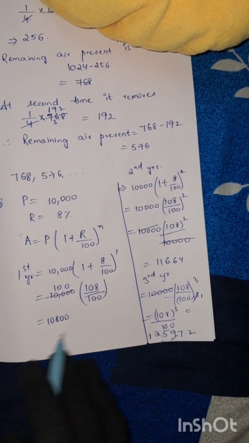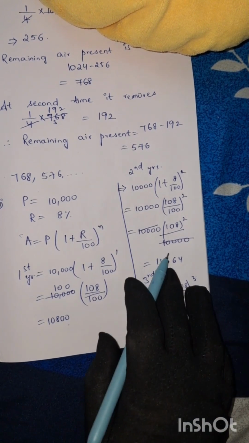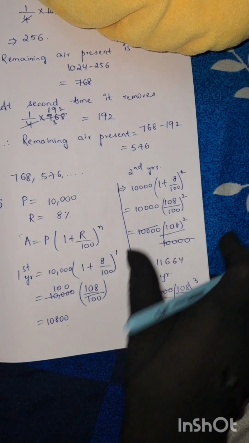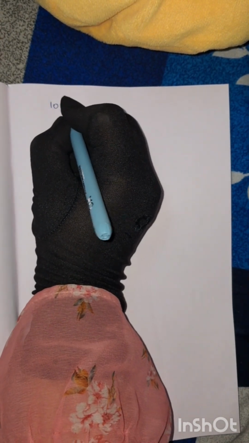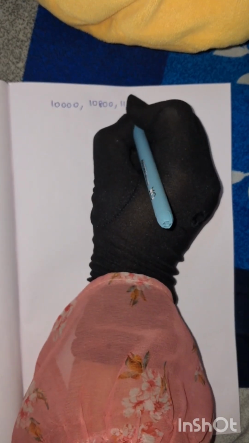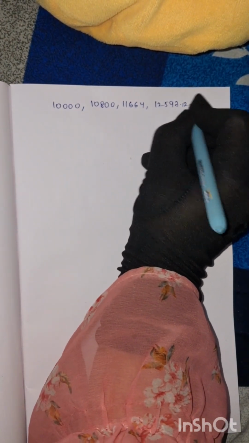So let us write the series first. The first number, as already mentioned in the question, is 10,000. The second is 10,800. The third is 11,664, and the fourth is 12597.12, and so on.